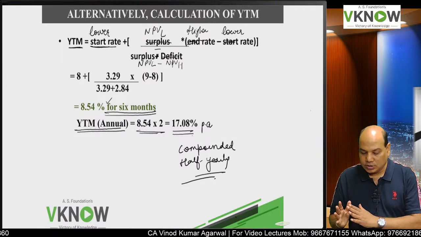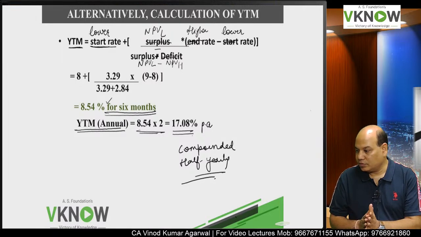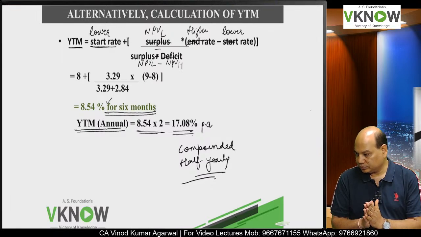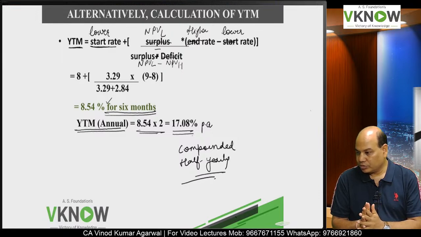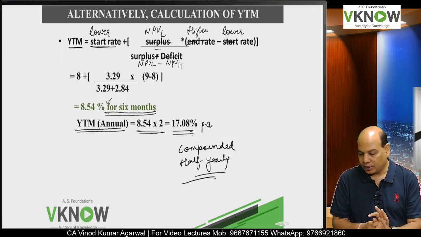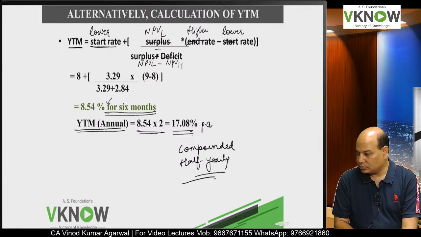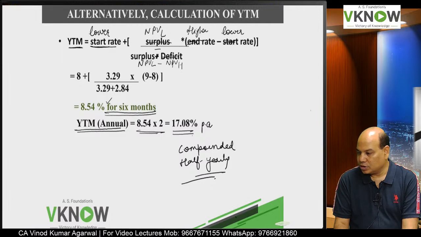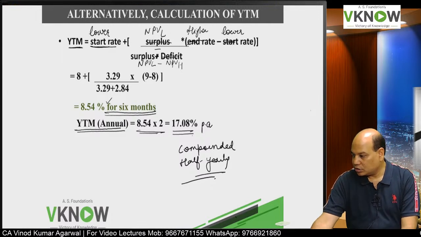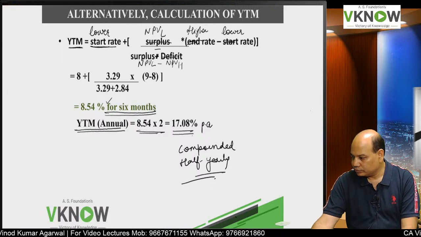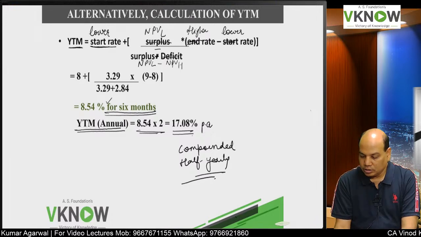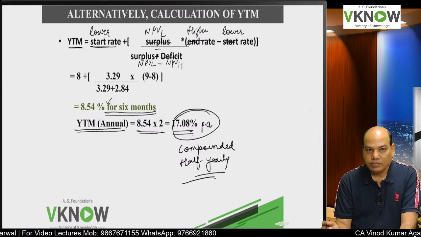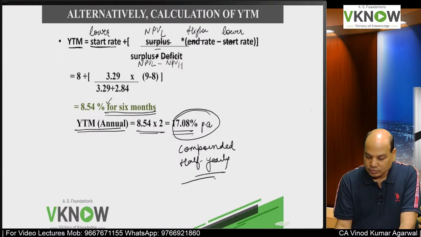So using this IRR technique, my answer is 17.08, whereas the earlier formula method answer was 16.84. So this is more accurate. The formula method is less accurate.